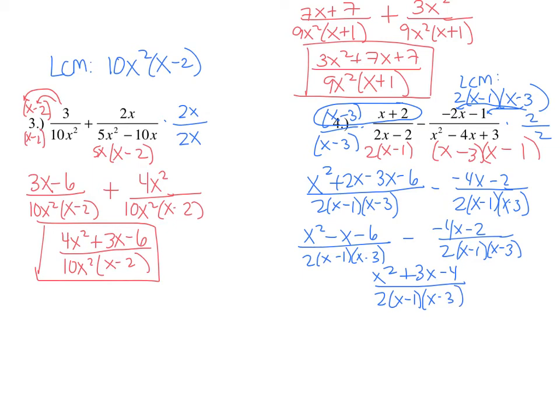I was now able to go ahead and do the subtraction because I had that common denominator, so I just combine like terms. And we can factor the top. We can factor it into x plus 4 times x minus 1, because that would give us x squared minus 1x plus 4x would combine to give you 3x, and 4 times negative 1 gives you the negative 4.